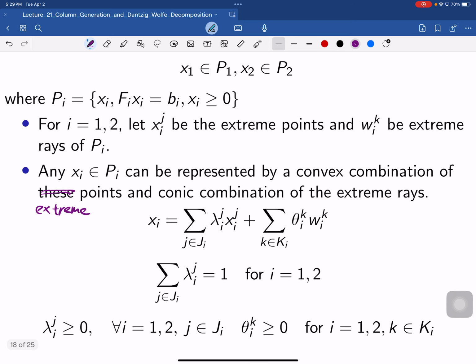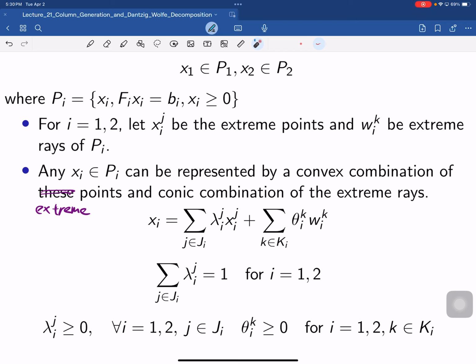If you have x1 that belongs to the polyhedral set P1, then the first part is a convex combination of extreme points, where you use xj to denote the jth extreme point, and the wk are the extreme rays. So you are using theta k times wk as the conic combination of extreme rays.